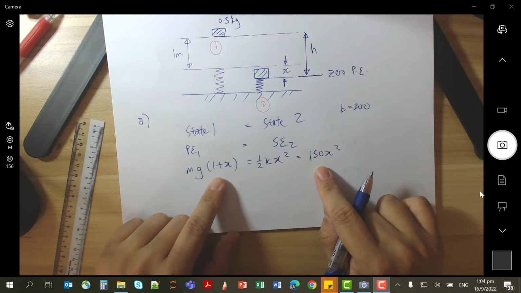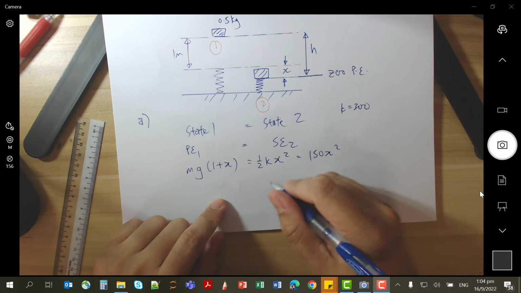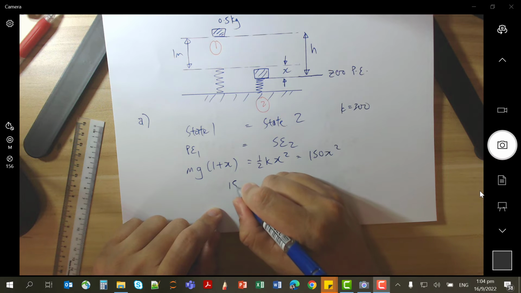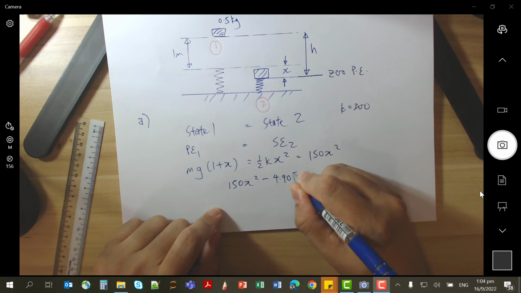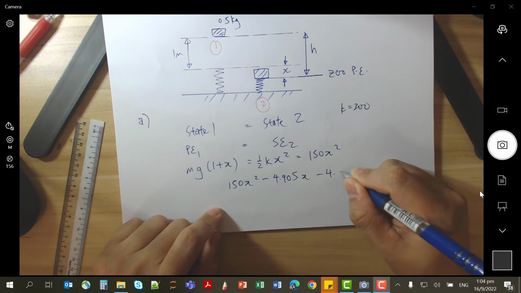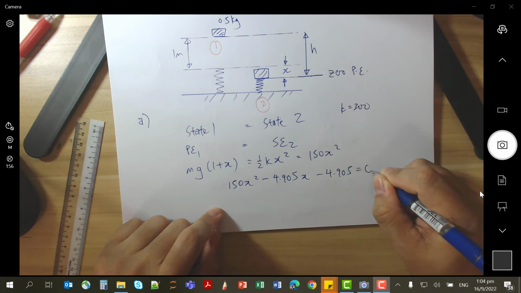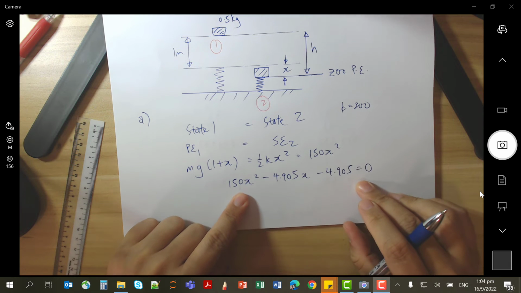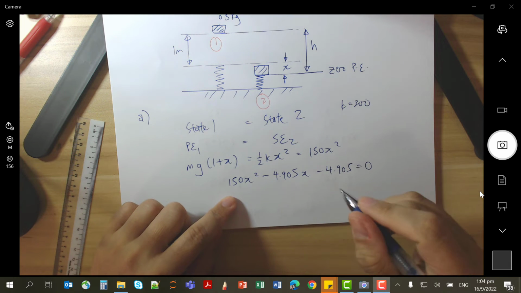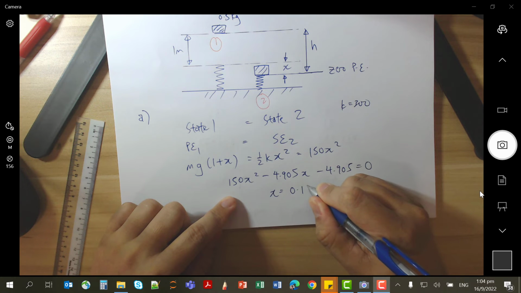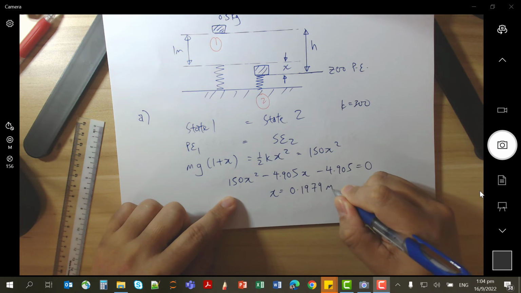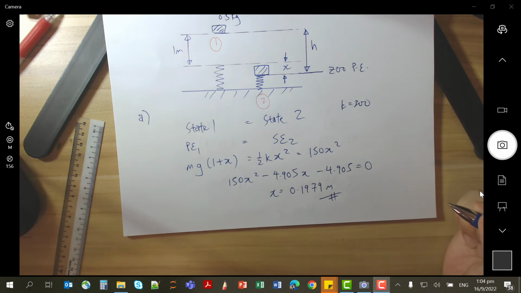It turns out to be a quadratic equation. You should be able to express this equation into this form, equals 0. Then you press your calculator and find the root of x. The root is 0.1979 meters. So the spring is compressed by 0.1979 meters.